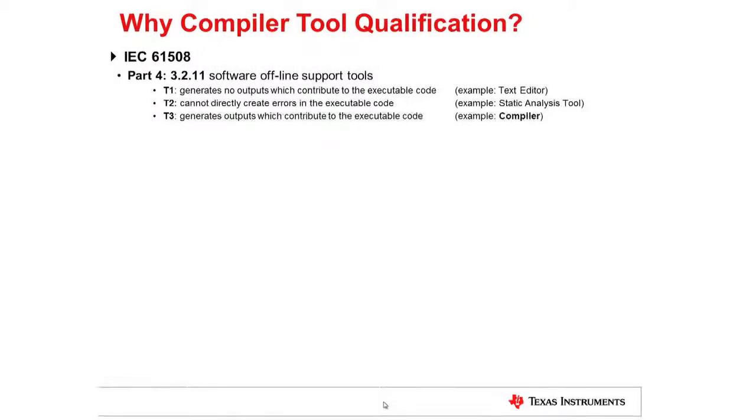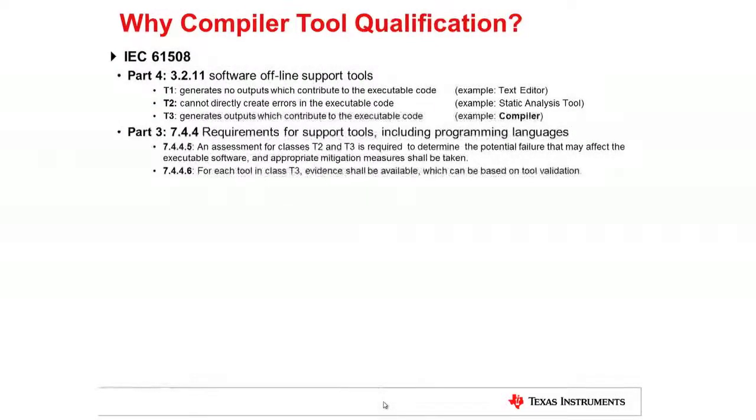A tool is classified as T2 if it cannot directly create errors in the executable code. Typically, these are tools used in test and verification of software, for example, a static analysis tool. T3 tools are those that generate outputs which can directly or indirectly contribute to the executable code. The standard clearly calls out the compiler as an example of a T3 tool.